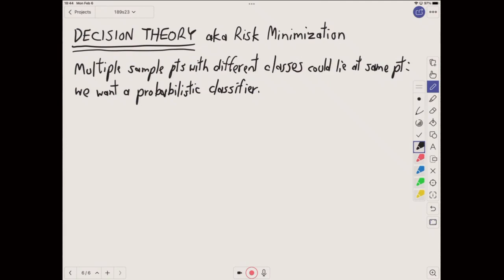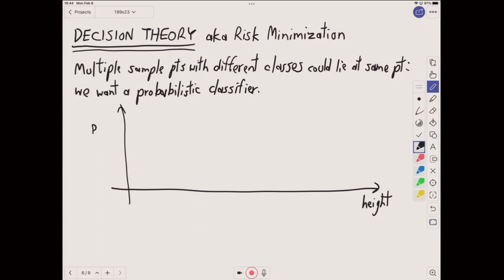But the bigger issue is one of overlapping probability distributions. If we take a height axis, and we define the PDFs for what we believe is the distribution of women's heights, maybe those look like they're on a bell curve. Maybe they're normally distributed, at least to a first approximation.